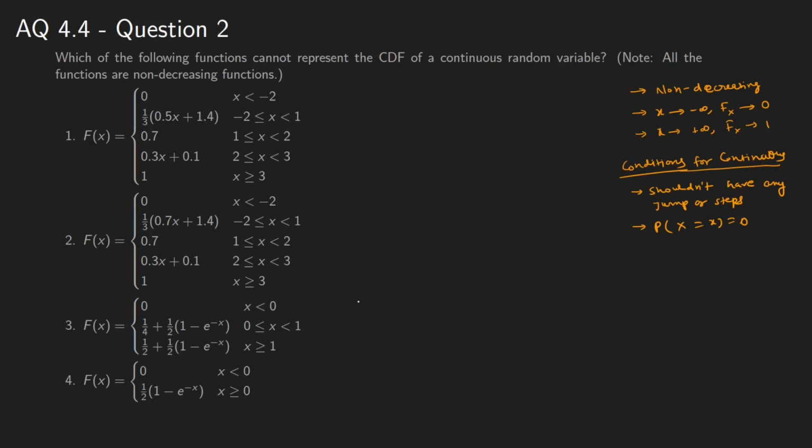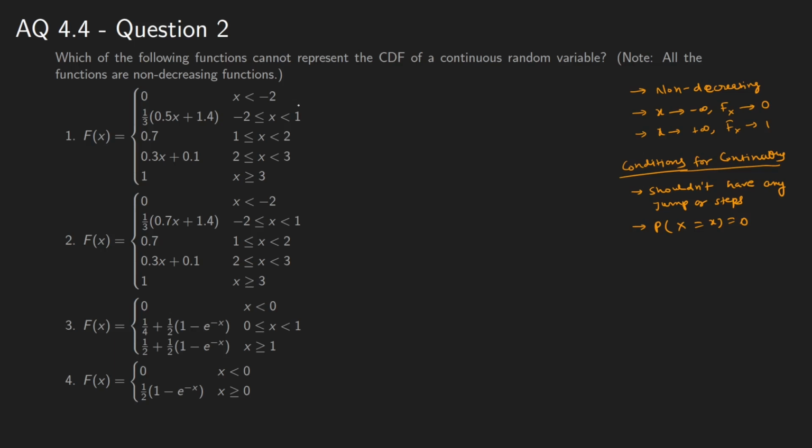As you can observe here, whenever a piece of the function is a line or a constant function, there is no chance that it will have any jumps or steps, because continuous functions like a line or a constant function don't have jumps. But the chance of having a jump is at the interfaces of the pieces.